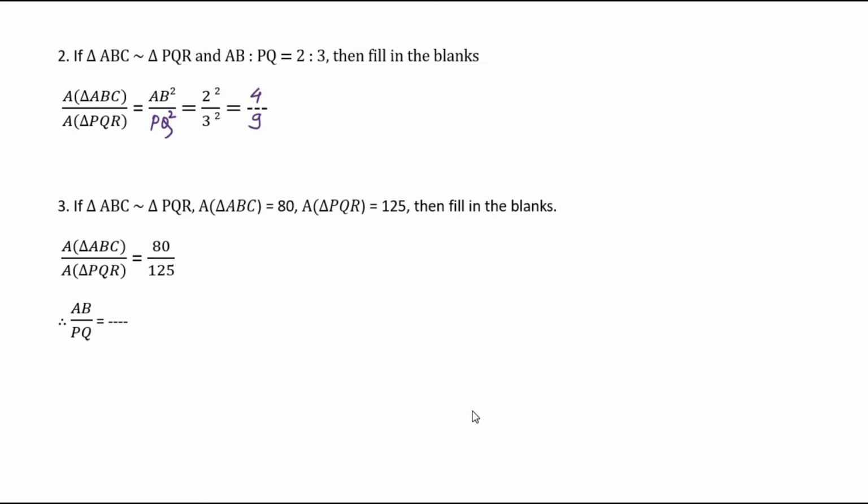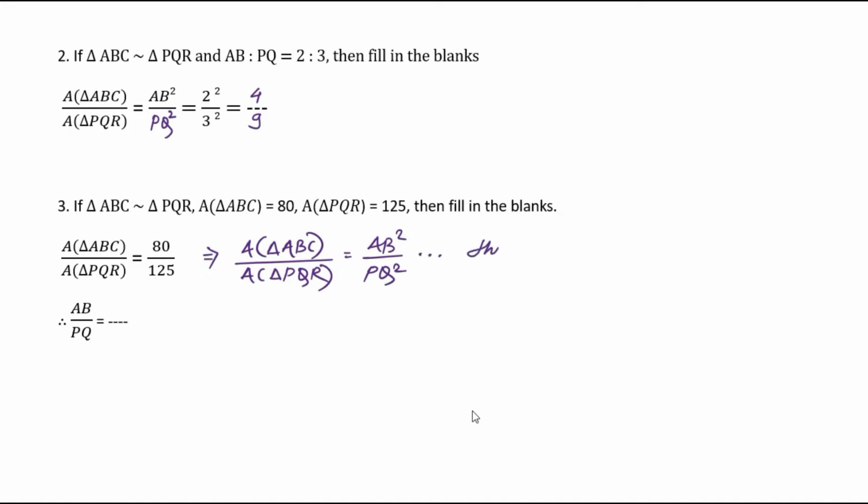And now we have to use the theorem, that is area of triangle ABC upon area of triangle PQR is equal to AB square upon PQ square. Which theorem is this?